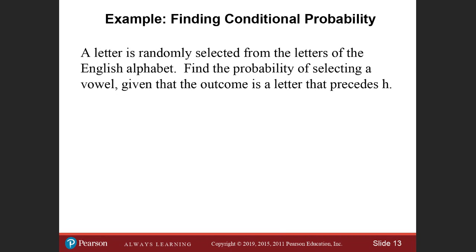A letter is randomly selected from the letters of the English alphabet. Find the probability of selecting a vowel, given that the outcome is a letter that precedes H.